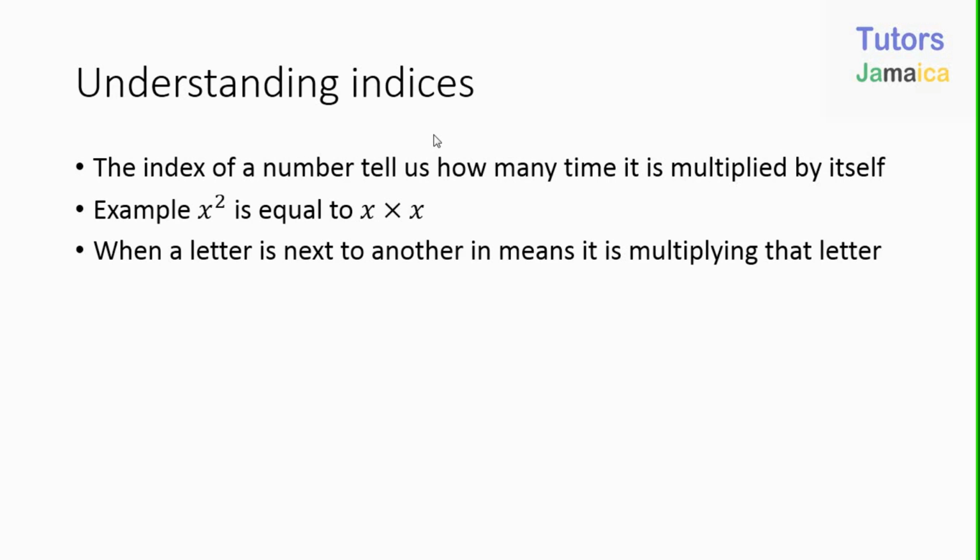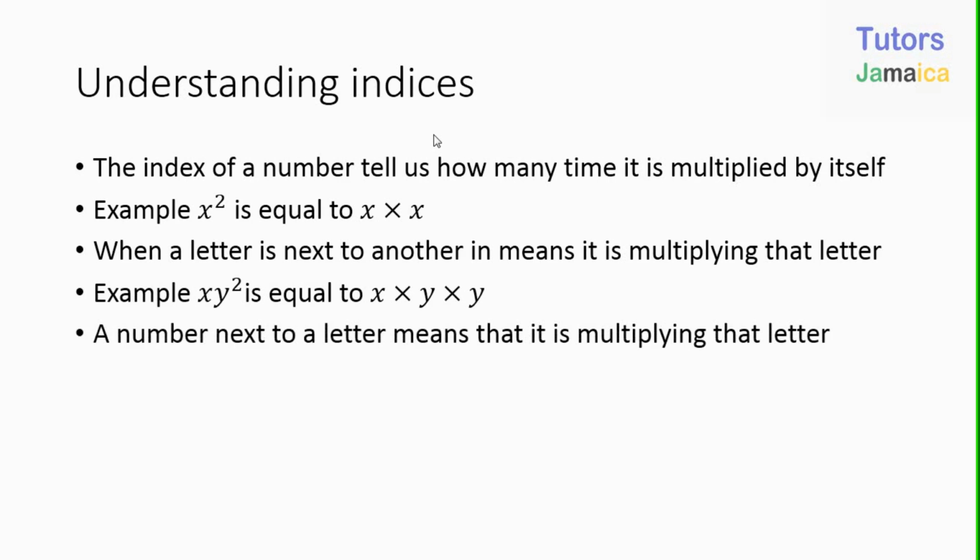So xy means x times y. For example, x times y squared is equal to x times y times y. A number next to a letter means that it multiplies that letter. For example, 2x squared is equal to 2 times x times x.